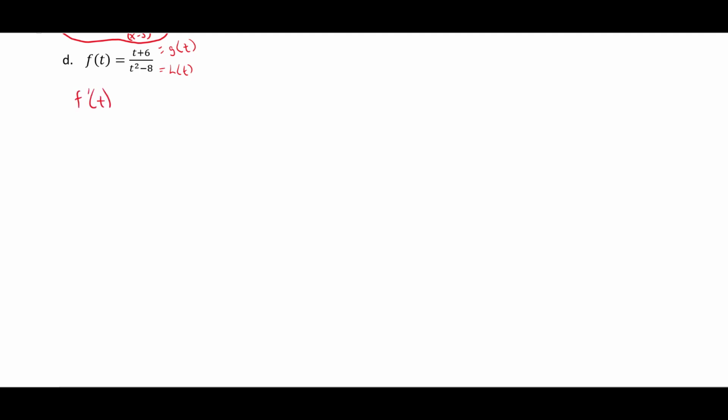So f prime of t is equal to low d high, so bottom times derivative of the top. The bottom is t squared minus 8. Derivative of the top, so derivative of t plus 6, is just 1. Minus the top, so minus t plus 6, times the derivative of the bottom, so times 2x, all over the bottom squared, so t squared minus 8 quantity squared.